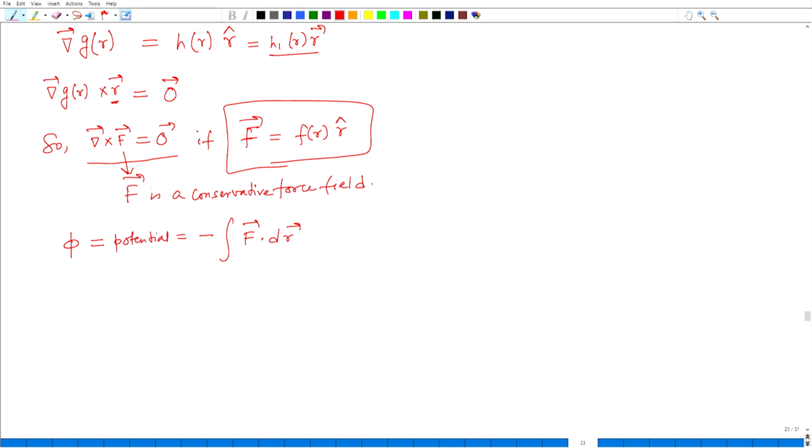This is also a small home task for you, to find phi. All of you can do that, it is very straightforward in terms of course F.